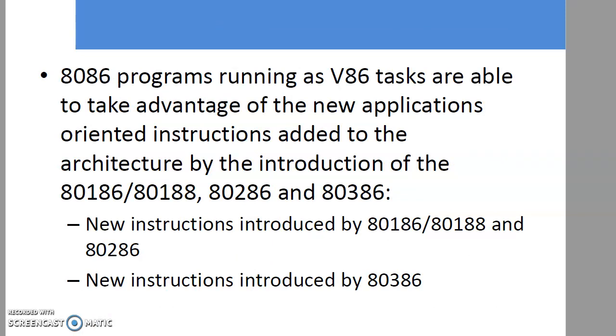As mentioned earlier, 8086 programs running in virtual 86 mode can have access to new instructions that are available in 80186, 80188, 80286 and 80386. So all the new instructions are also available in virtual 86 mode. Though it is running an 8086 program, it can use the instructions of the higher-end microprocessors.